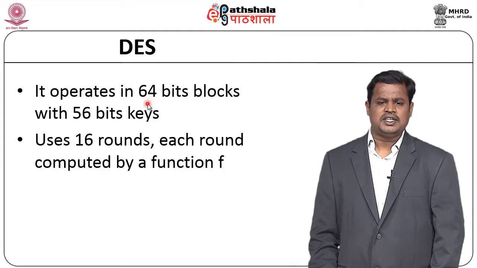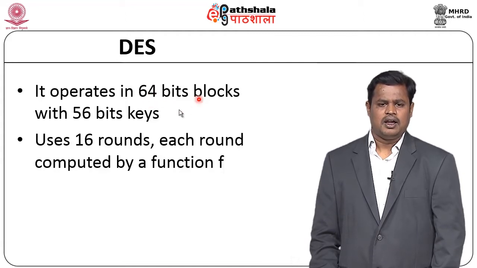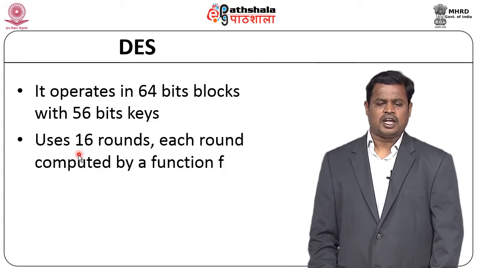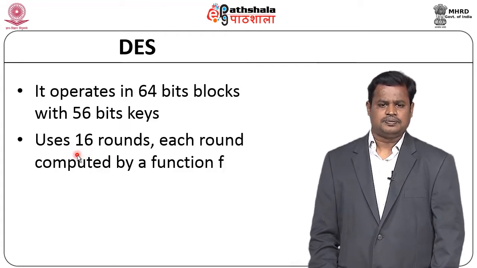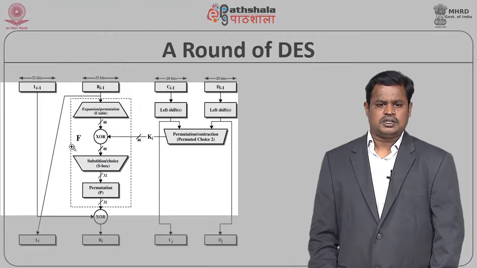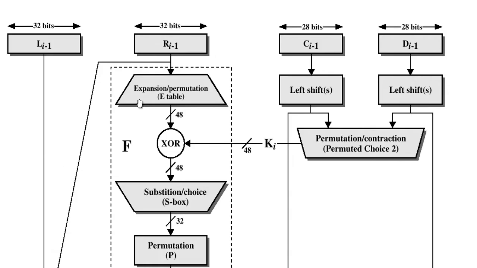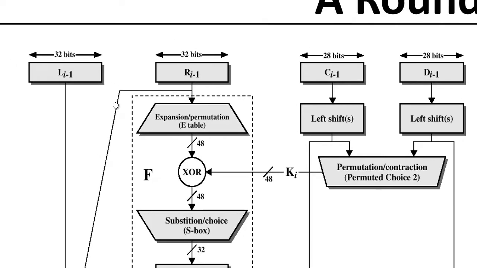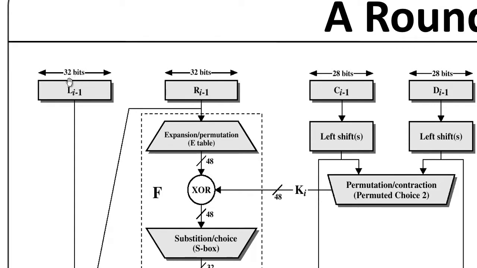Instead of using a 64 bit data block and 56 bit key, they use a smaller key and a smaller block of data with fewer rounds, so that we can understand the working principle of the data encryption standard.